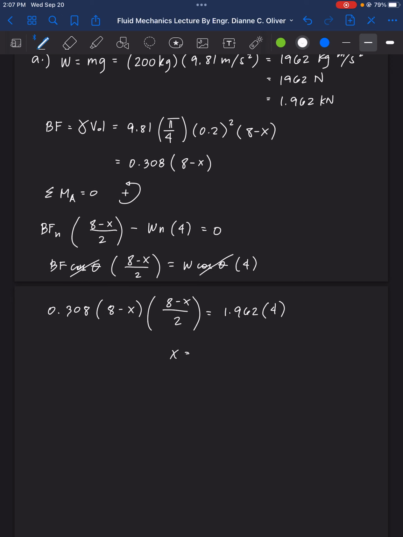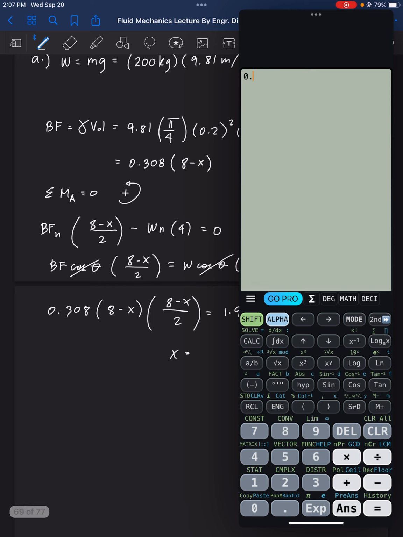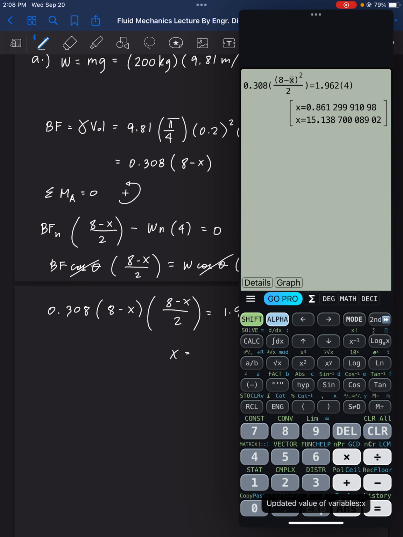So x now is equal to 0.308 raised to, it would be 8 minus alpha x squared over 2, where alpha equals 1.962 times 4. Of course, x is not equal to 15, because the length of the pole is 8 meters.